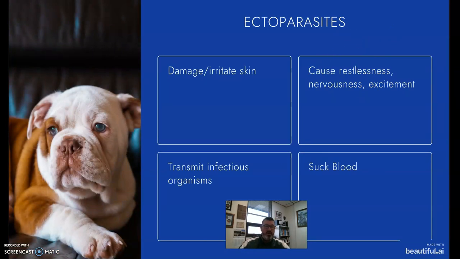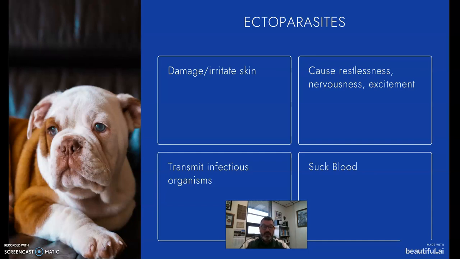Of course, we can talk about just very simple damage and irritation to the skin, which maybe on the surface is not that big of a problem, but of course we can have really significant hide damage. We can have permanent scarring. We can have issues where we create kind of surface spots for infection.